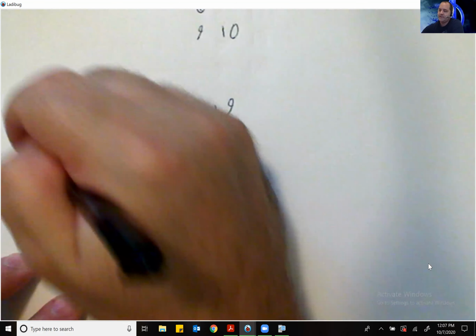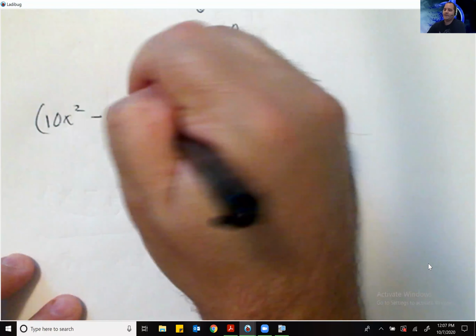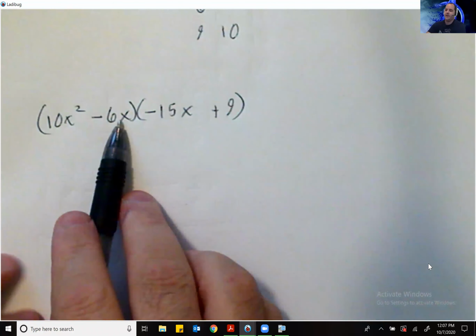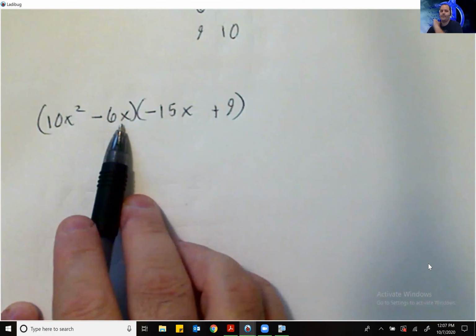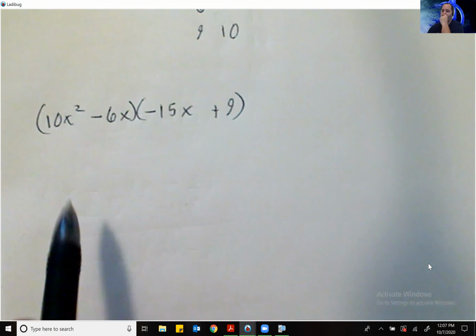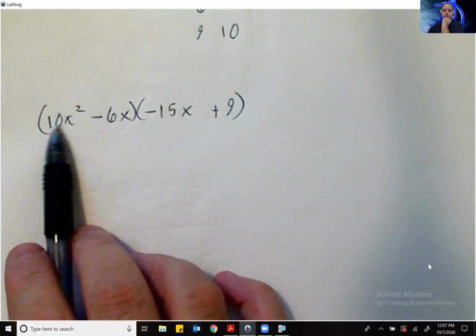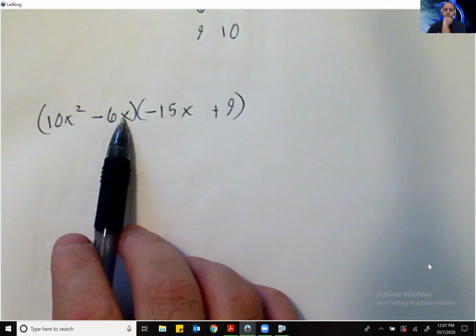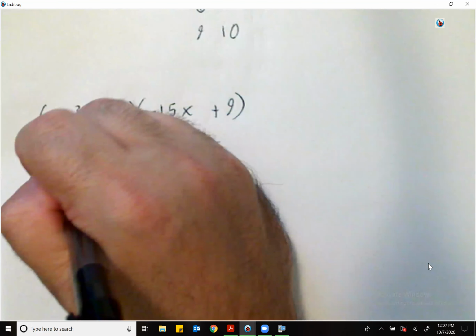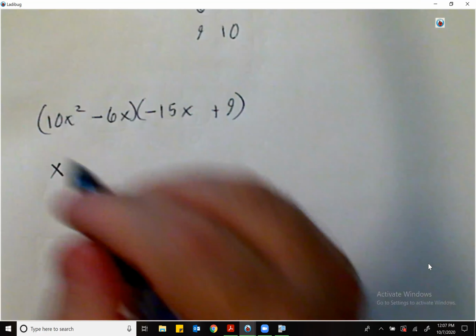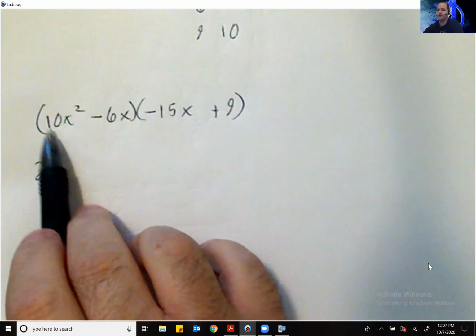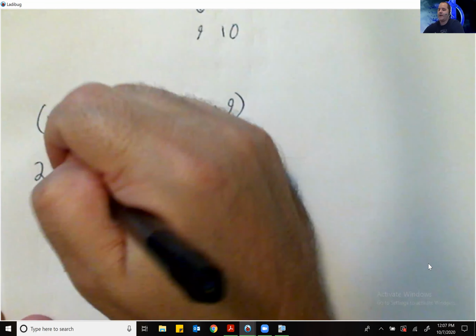So parentheses, what's going to come out of the first parenthesis? What's in common in here? X. What else? 2x. 2, because 2 can divide both of these numbers. So if I pull that out, what do we got left?